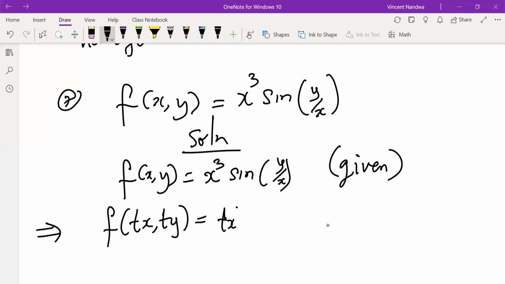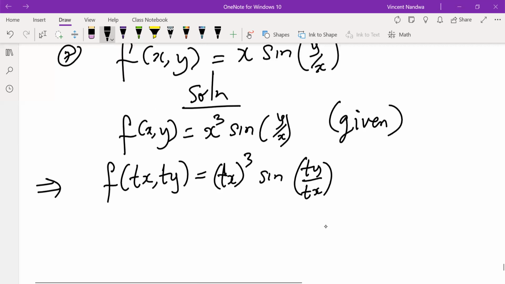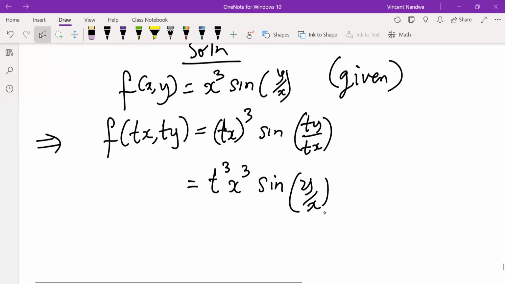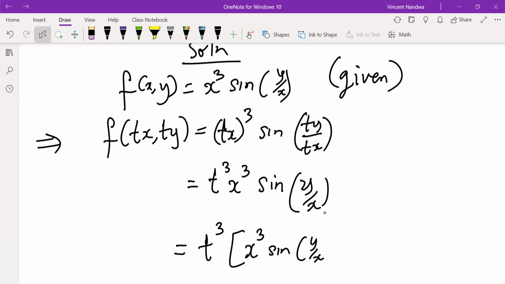Tx power 3 sine of ty over tx, which you simplify will be t power 3 x power 3 sine of, now t and t cancels out, so we still remain y over x, which will be t cubed x cubed sine of y over x.